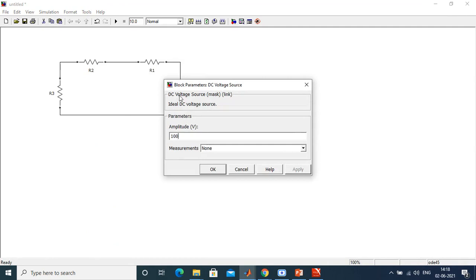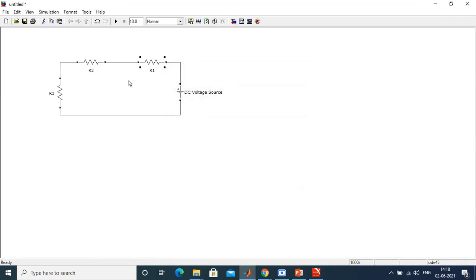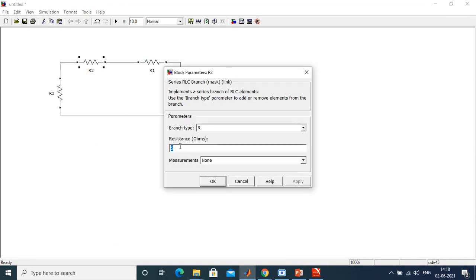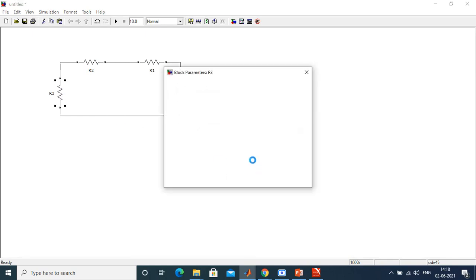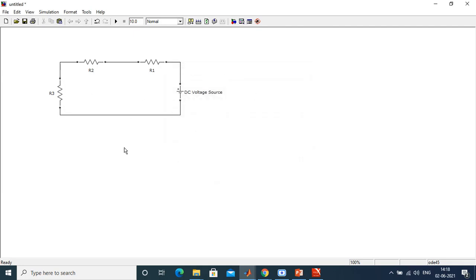This is 10 volts, this is 5, this is 3, this is 2. Clear? I fixed all these things.